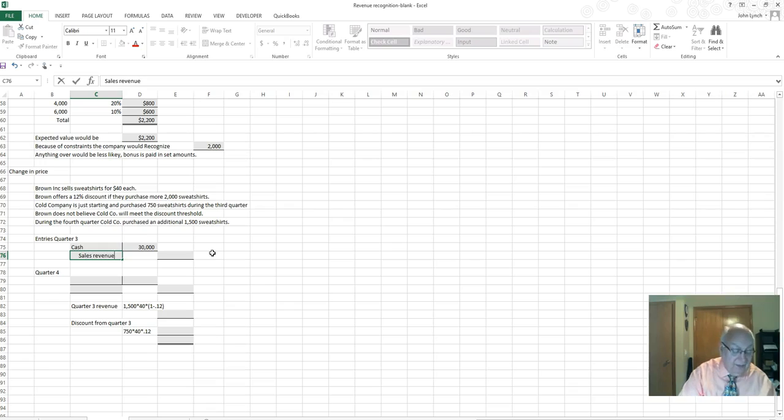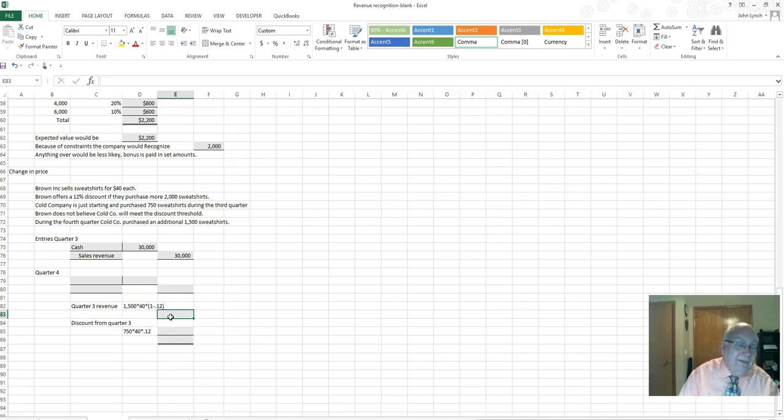Sales revenue. Again, anytime I use cash, keep in mind it could also be accounts receivable. Now, on this one, we have a problem. They ordered the 1,500, so they should have gotten a discount on the first one. So we have to figure out what our revenue would be.